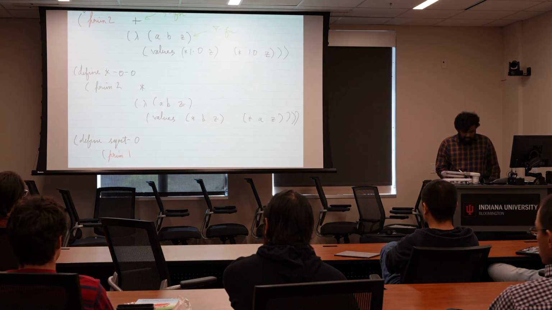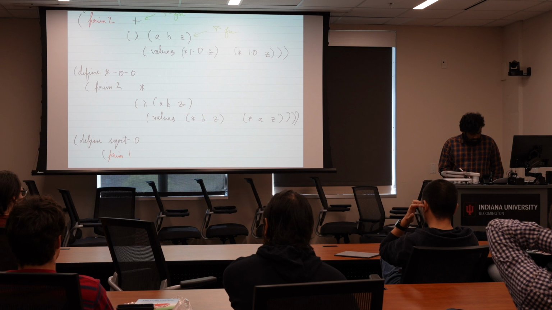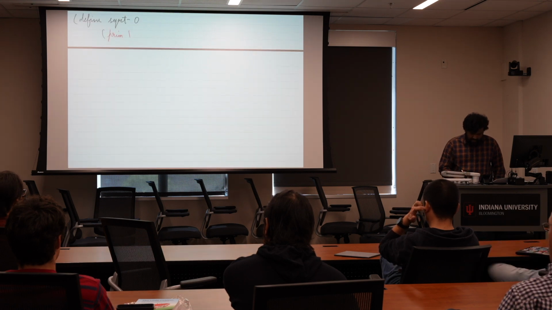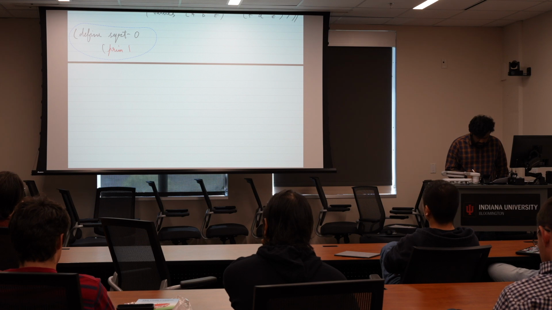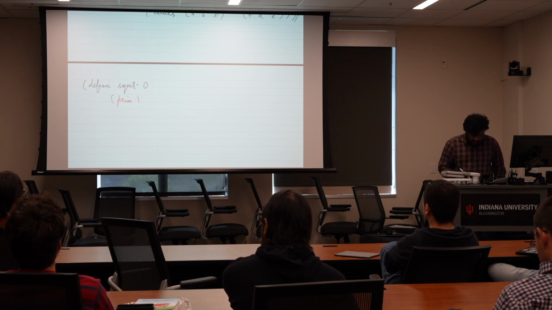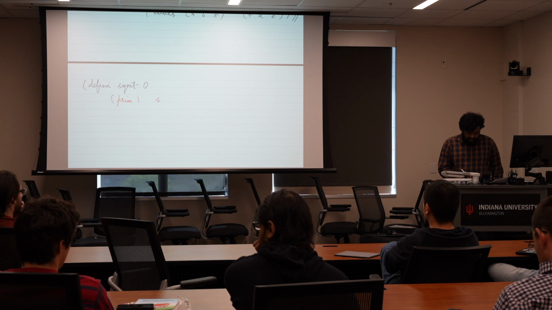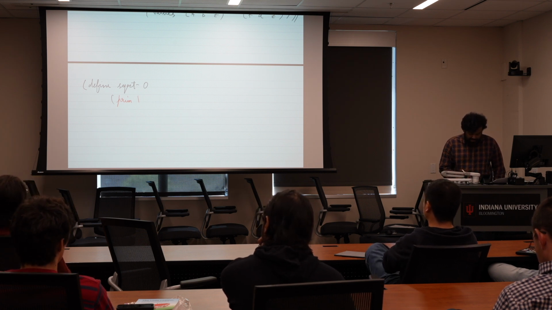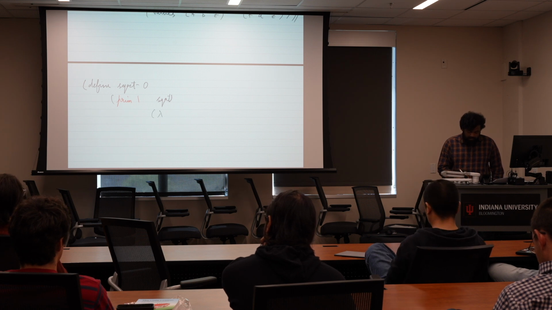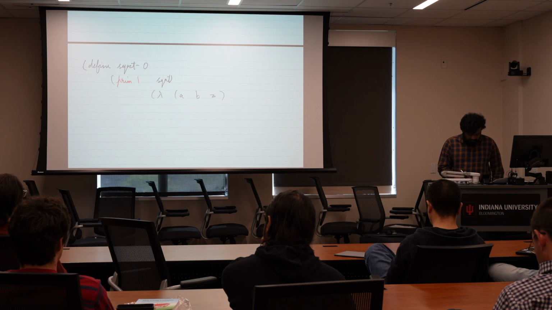Right, so prim1 takes, maybe I should write this on a new page. Right, so the row function of prim1 is just the Racket square root function. And the nabla function is, right.